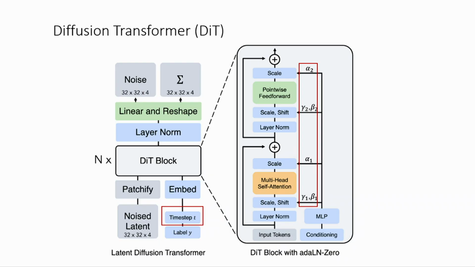So these scaling and bias terms added to the intermediate features effectively adjust for the noise level that you're learning. It is proven to be more effective than the naive cross attention approach used in UNet, at least in a bunch of image generation tasks.